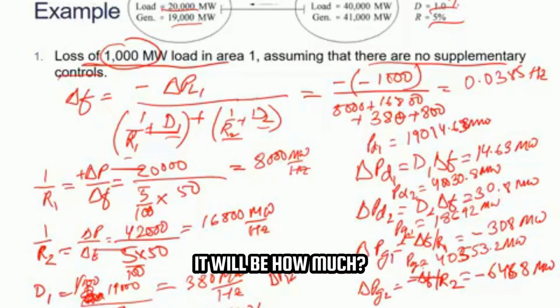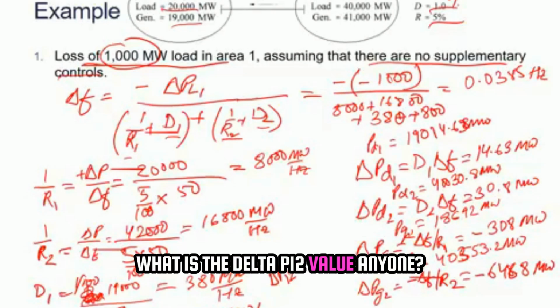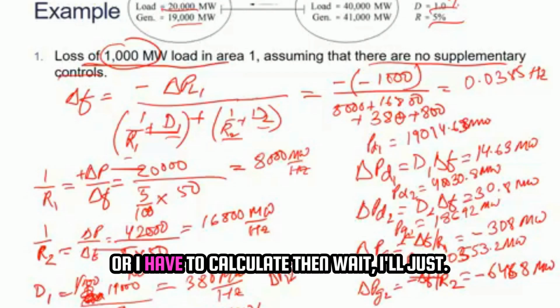It will be how much? Quickly, what is the delta P12 value? Anyone? Or I have to calculate it.